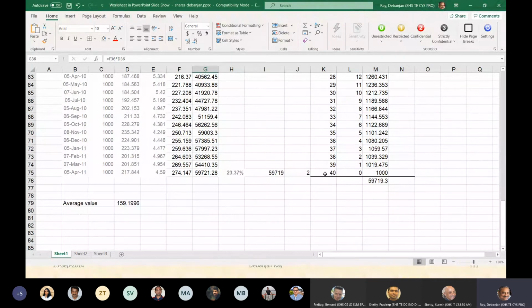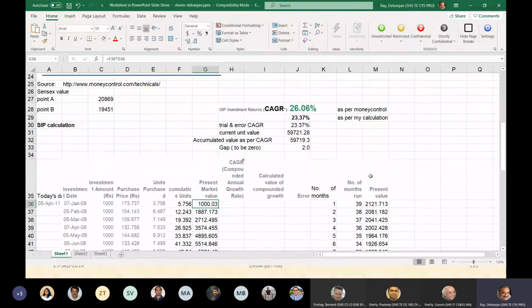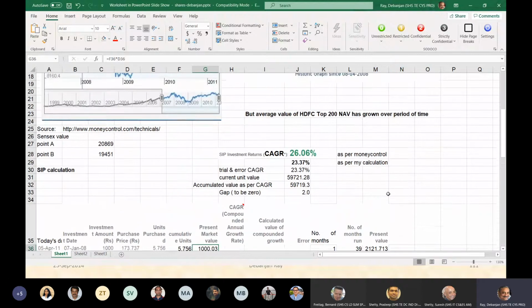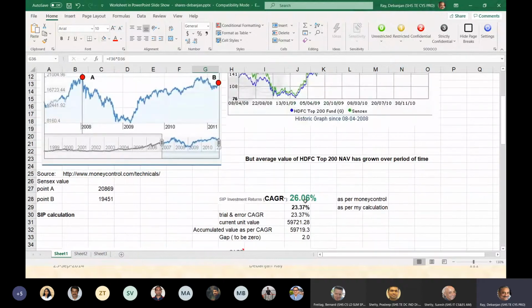Over 3 years they have invested, and there is a calculation called CAGR, compound annual growth rate. I will explain this later on, but all you need to see is that the SIP has returned 26.06%, which is the average annual growth rate.